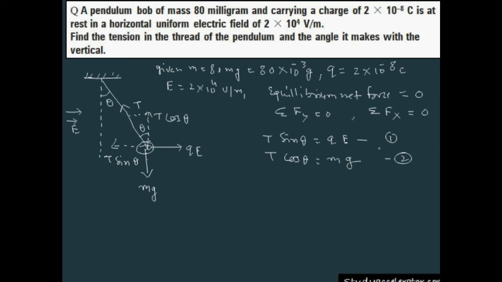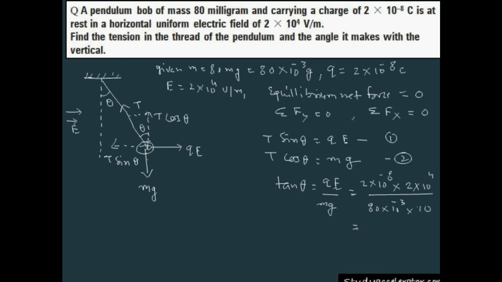So if we divide equation number 1 by equation number 2, T is cancelled by T, and we will get tan theta equal to qE upon mg. Put the value of q, that is 2 into 10 to the power minus 8, E 2 into 10 to the power 4, m 80 into 10 to the power minus 3, and g is 10.